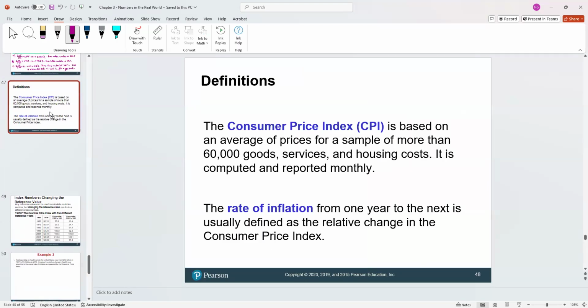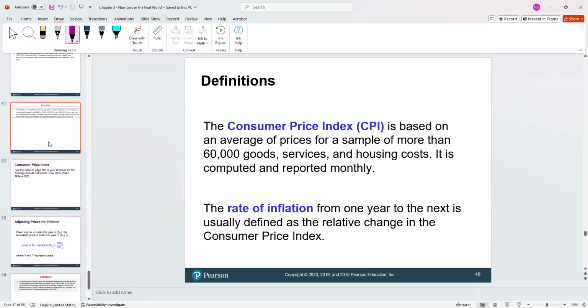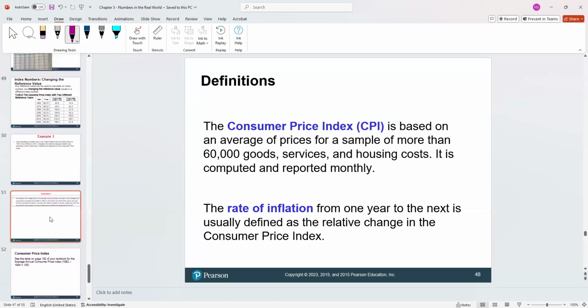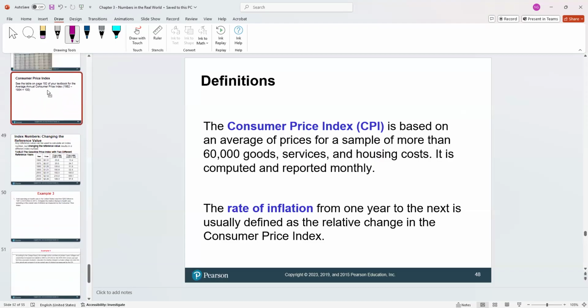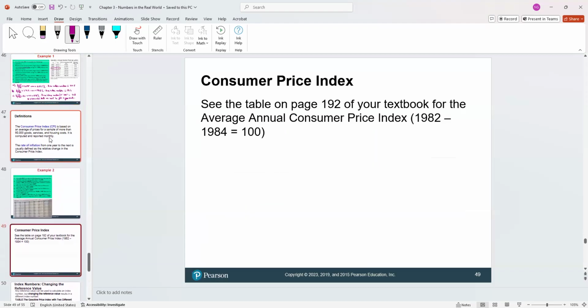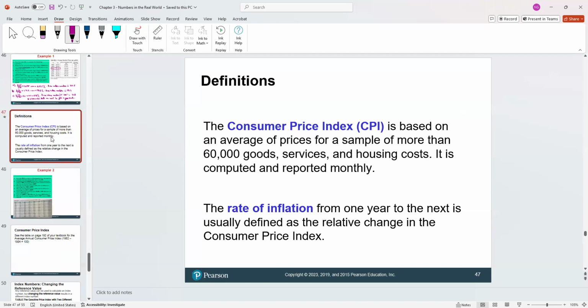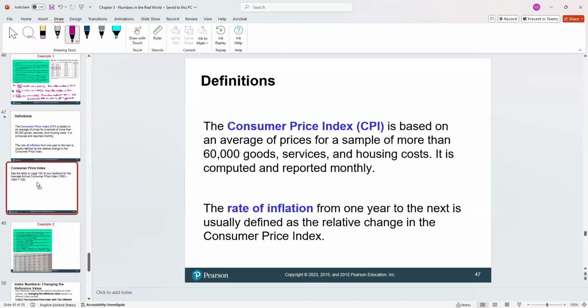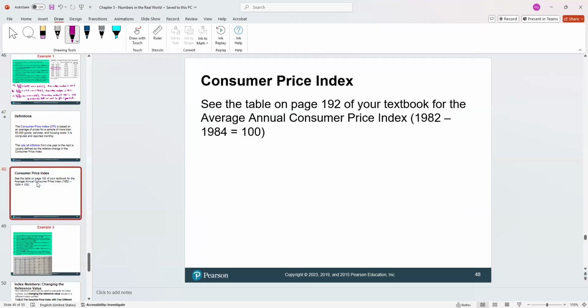The definition should go before that slide. I think I mixed it up a little bit in terms of examples. It's very important that we go over these definitions first, because then we can make comparisons.